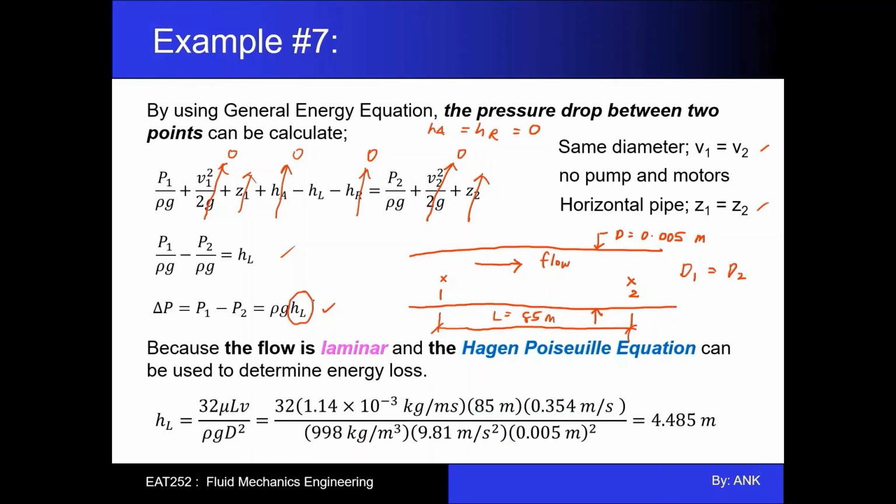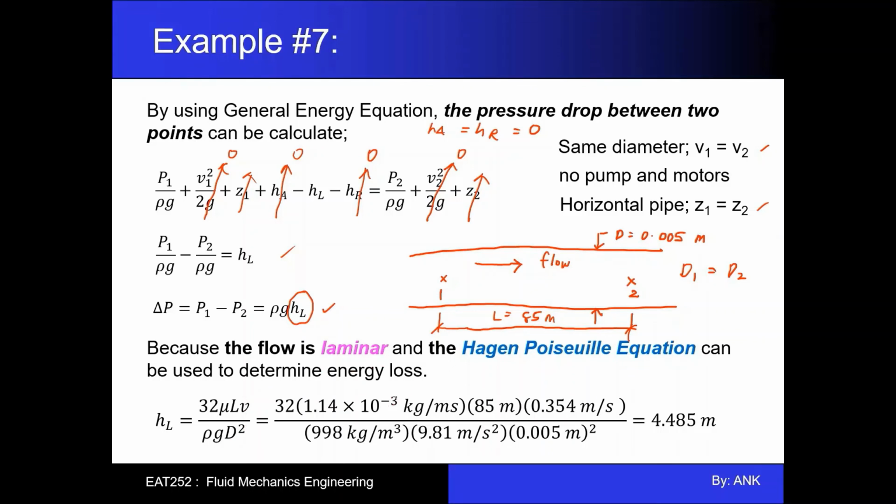Okay, let's say for this example, we use the Hagen equation to determine the energy loss, or HL. From the Hagen equation, we know that HL, or energy loss, is equal to 32 times the dynamic viscosity, times the total length of pipe, times the velocity of flow, divided by the density of water, times the gravity, times the diameter of pipe squared.